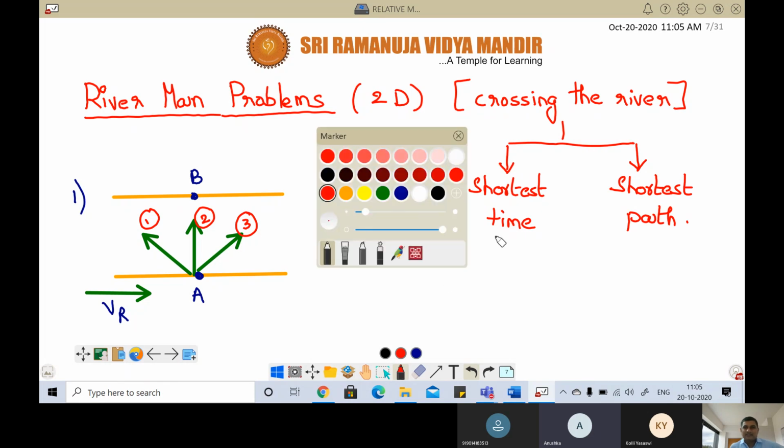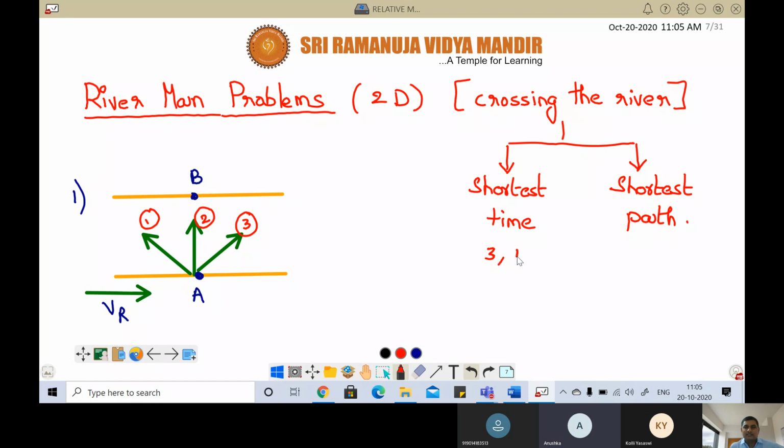Okay, let me write the answers. Here, shortest time is the third case and first case. And shortest path? Second case. So Bhavya, Yashasvi and Anushka told these. What about K Yashasvi? Which case, for shortest time and shortest path?